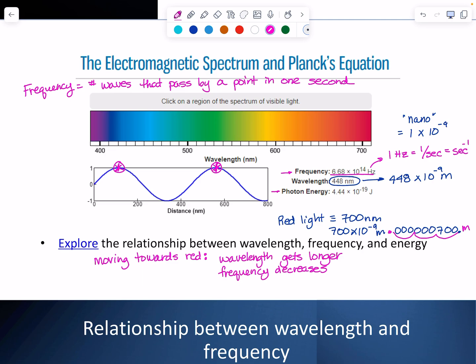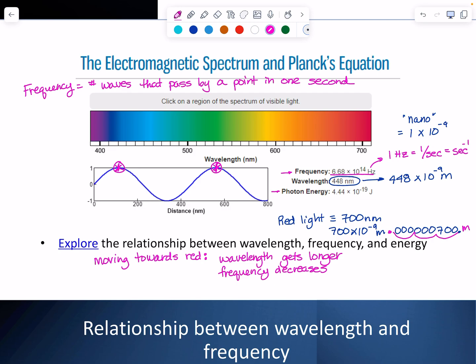Now, these numbers are 10 to the 14th, right? So what does that imply about the speed of electromagnetic waves? Are they fast or are they slow? They're very, very fast, okay? So this is going to lead us to the speed of light, okay? Again, light is electromagnetic radiation.